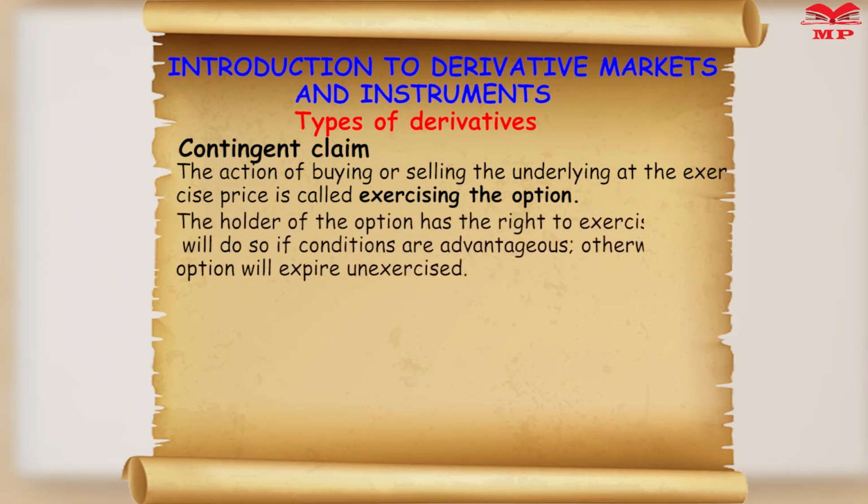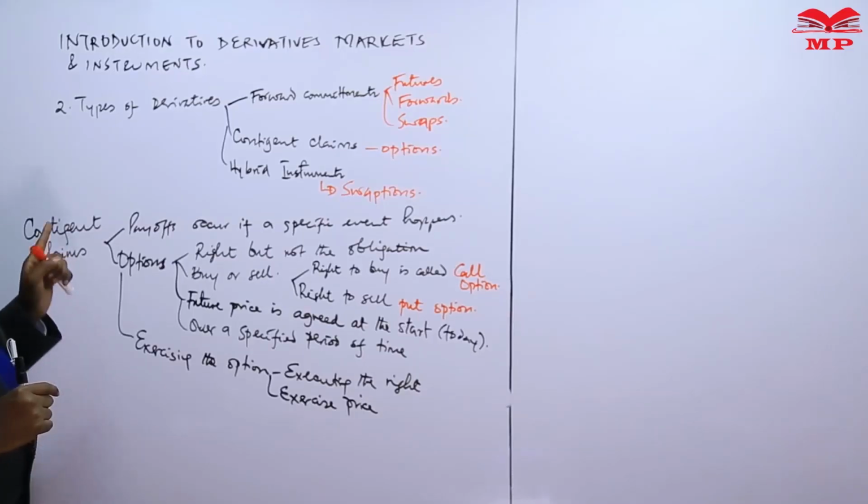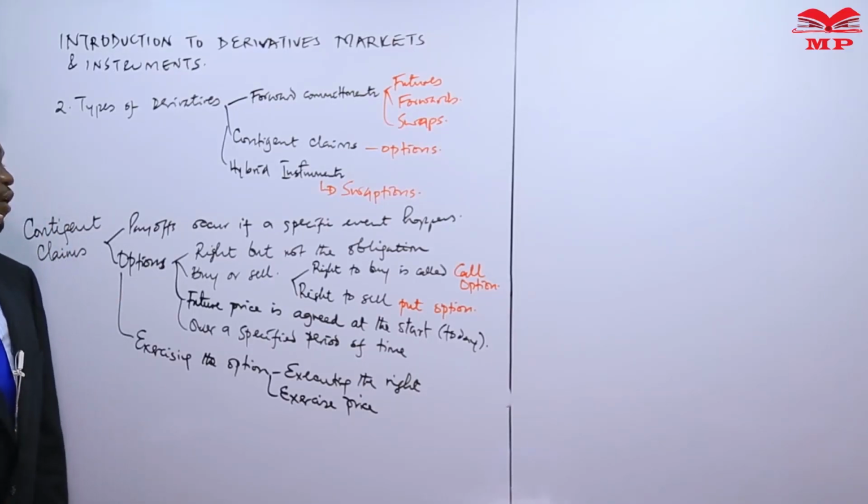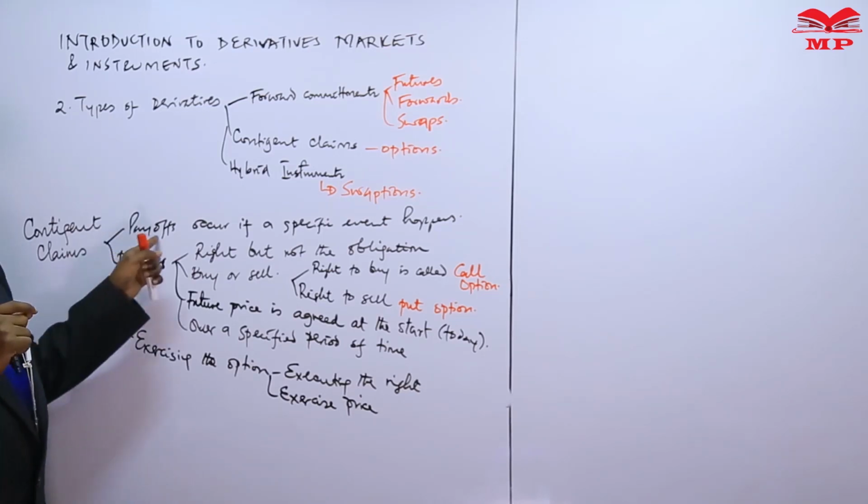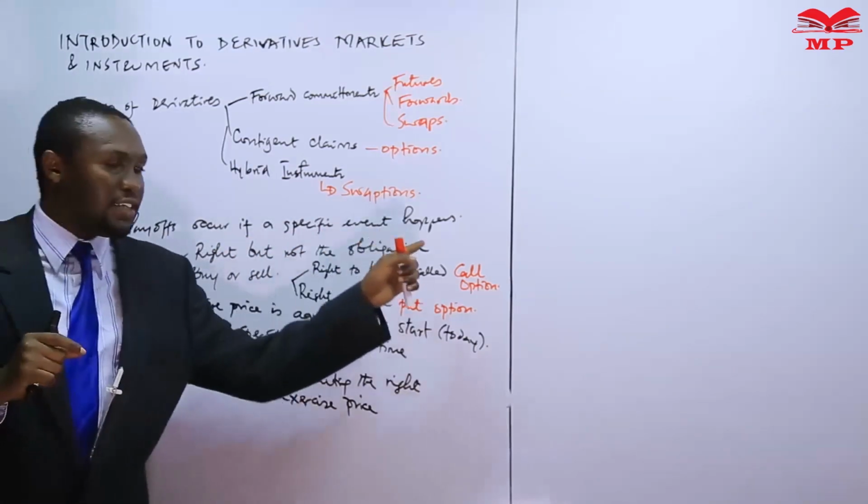The holder who has the right to exercise will only do so if it is advantageous. Otherwise, the option will expire unexercised. In contingent claims, the payoffs depend on a specific event happening.